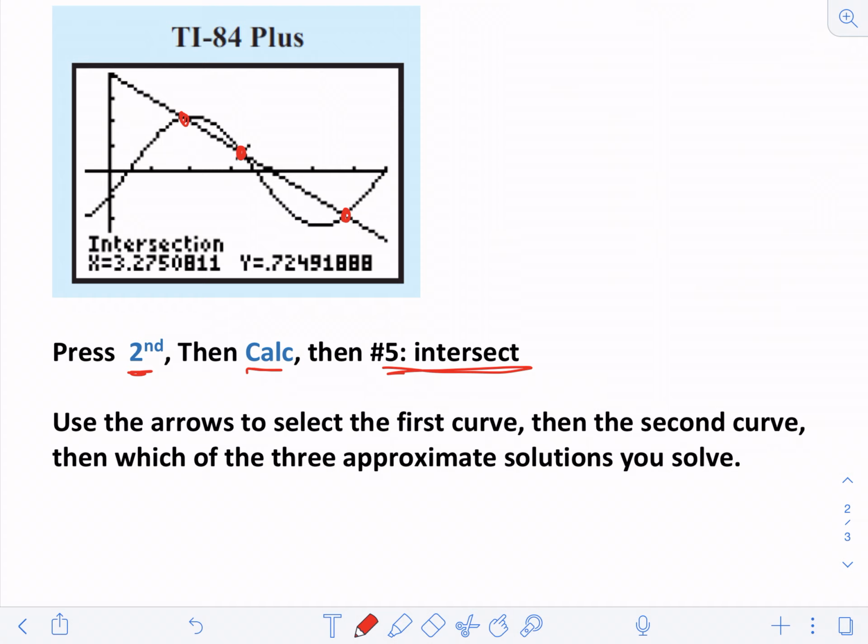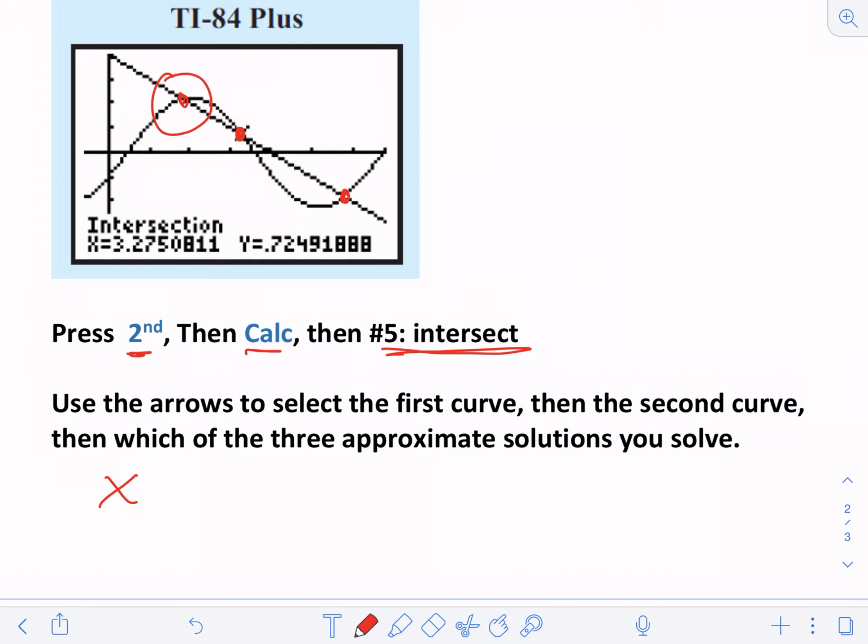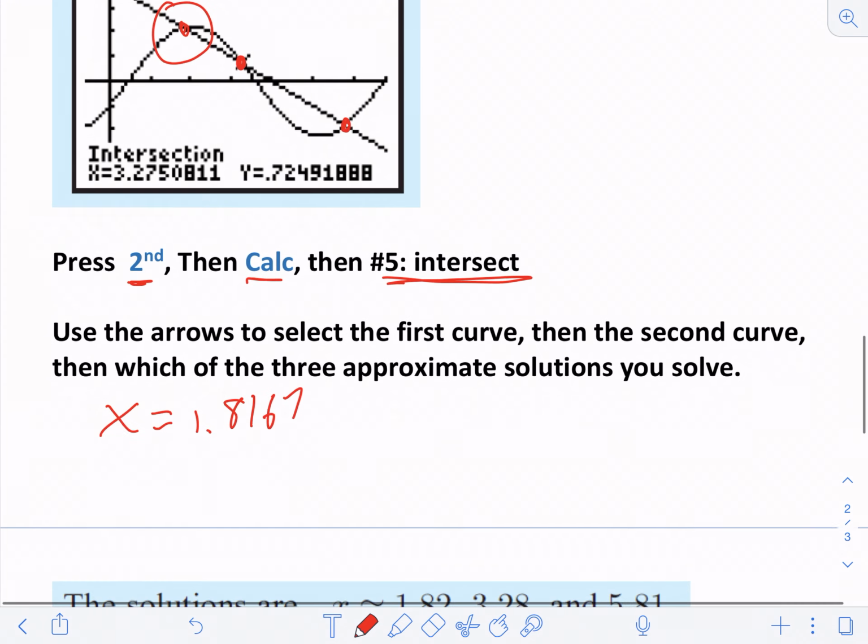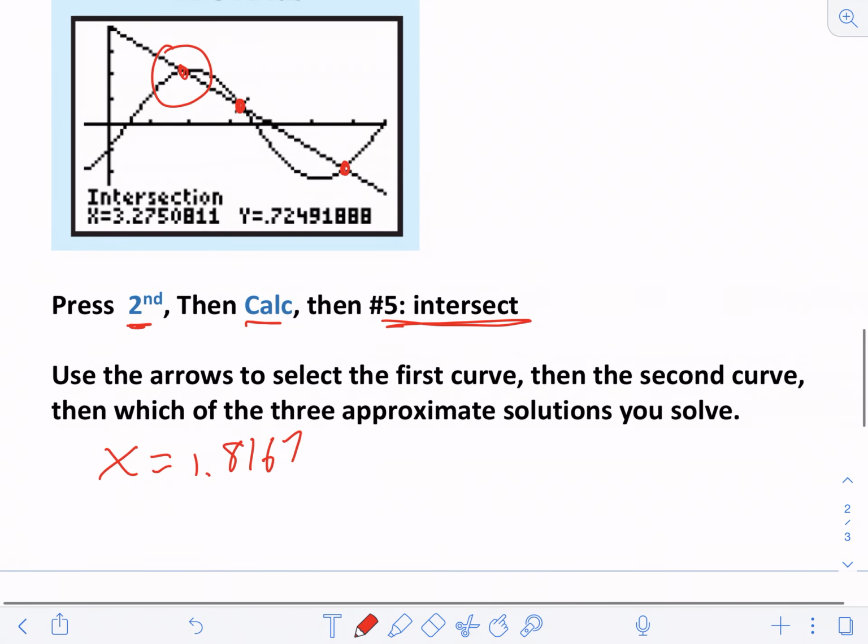Then use the arrows to move the cursor somewhere right around this point, and press enter. It should say x is approximately equal to 1.8167, etc., and that's going to be the first point that you see.